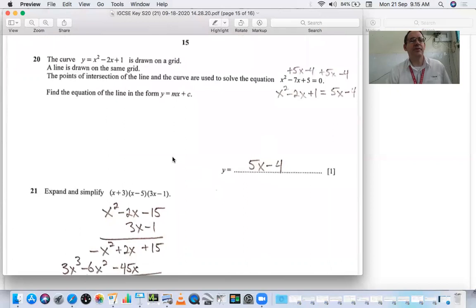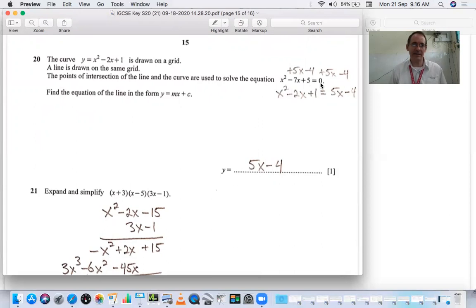Number 20, the curve y equals x squared minus 2x plus 1 is drawn on a grid. They don't show it to you, but they tell it to you. A line is drawn on the same grid. The points of intersection of the line and the curve are used to solve the equation x squared minus 7x plus 5 equals 0.